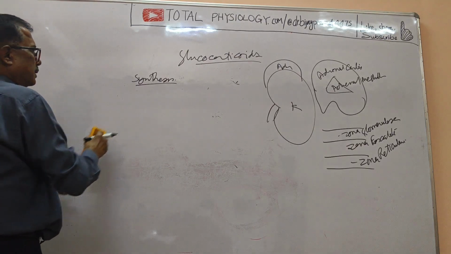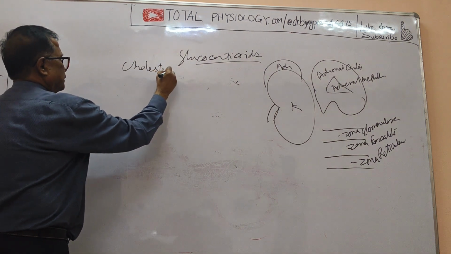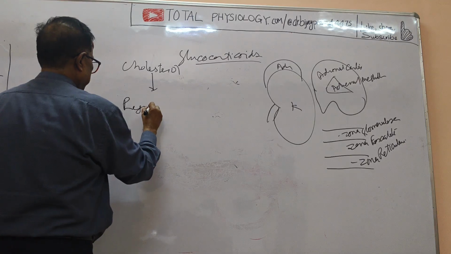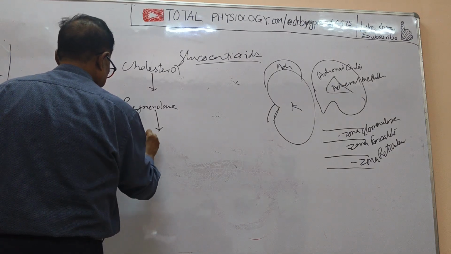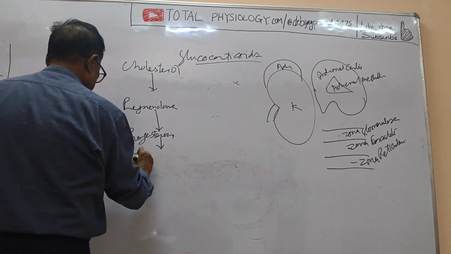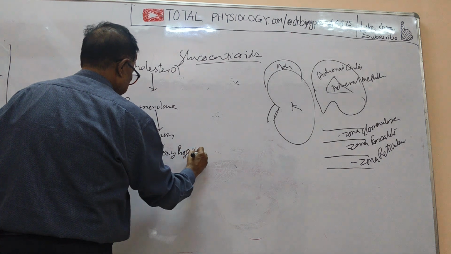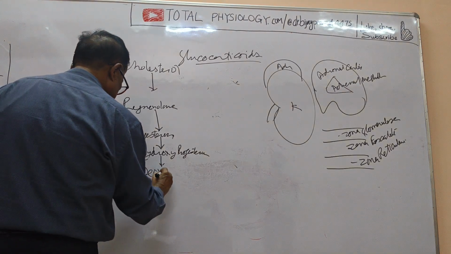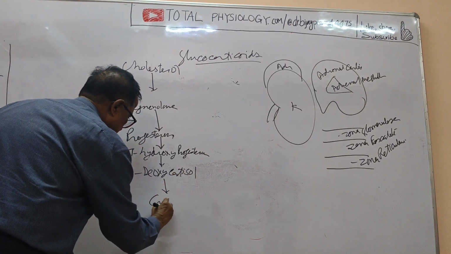Now the steps: cholesterol, then progesterone, 17-hydroxyprogesterone, and finally cortisol.